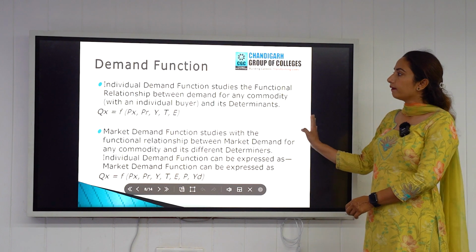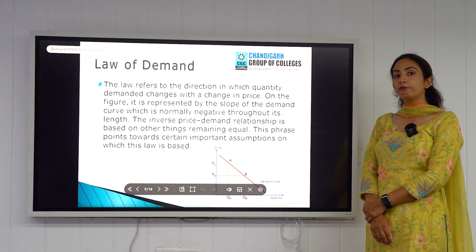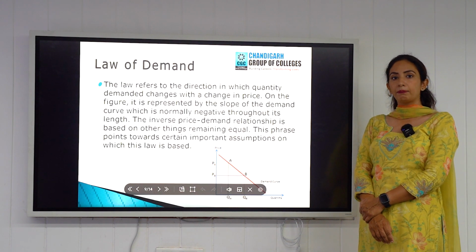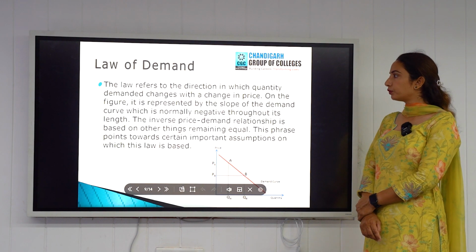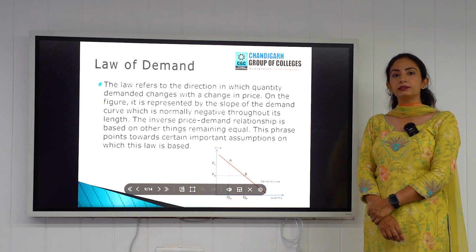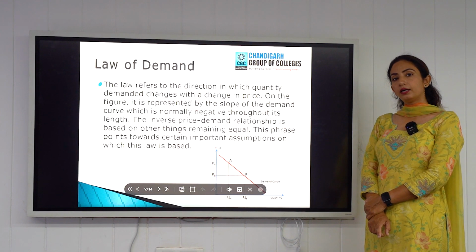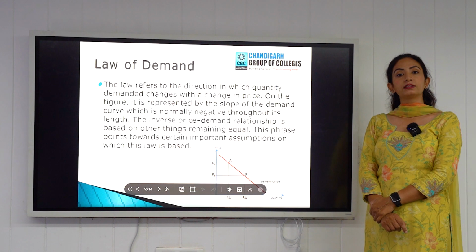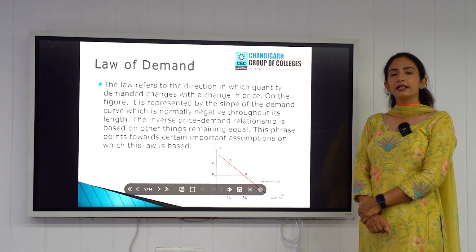Then we have the law of demand, a relationship of price and quantity which is universally applicable but with certain exceptions. The law of demand states that in case prices go up, demand comes down, and the inverse relationship, in case prices come down, then quantity demanded goes up. But there are certain exceptions.